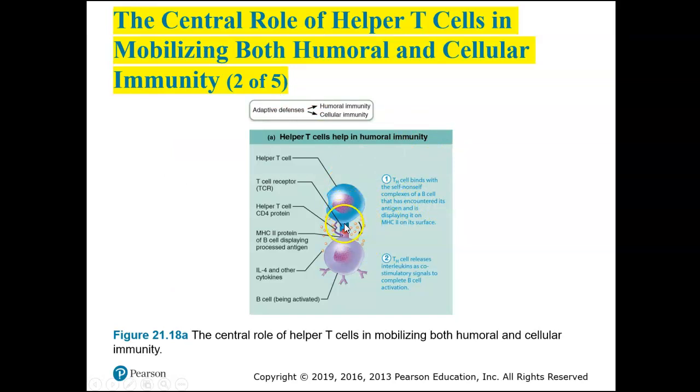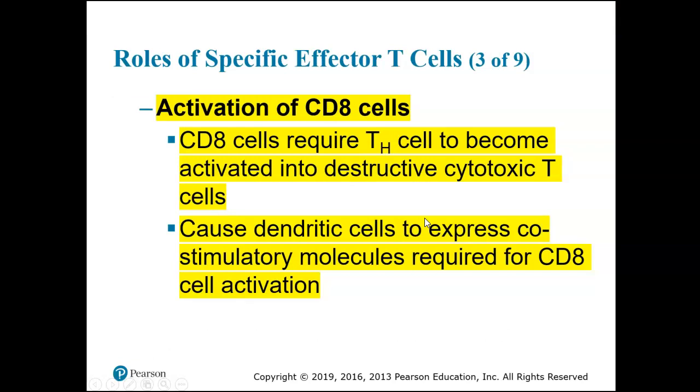You have your helper T cell bound to an MHC class 2 antigen complex, and then you have a CD4 protein sort of making that binding process even more secure. And then you have the release of these cytokines. Interleukins are being released in this picture, and all of that ensures the efficient binding of the helper T cell to the B cell, and it activates that B cell.